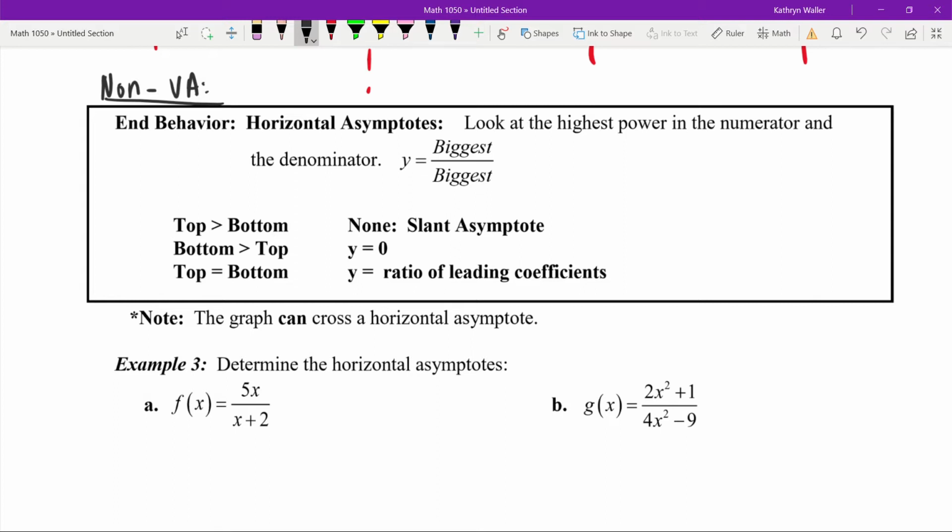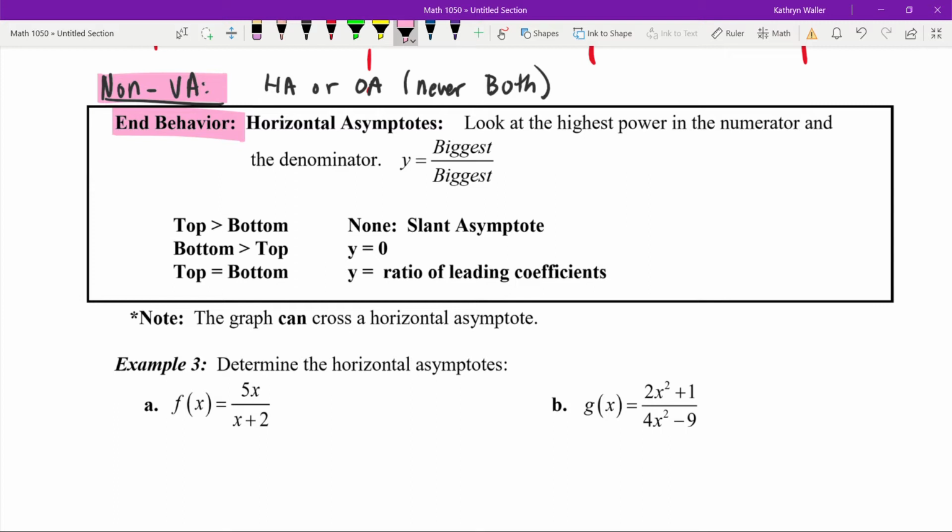Okay, a non-vertical asymptote is a horizontal asymptote or an oblique asymptote. And then in parentheses, I want you to say never both. You're never going to have a horizontal and an oblique. It's a horizontal or an oblique. You're going to have one or the other. They're both non-vertical asymptotes, and they're both end behaviors.